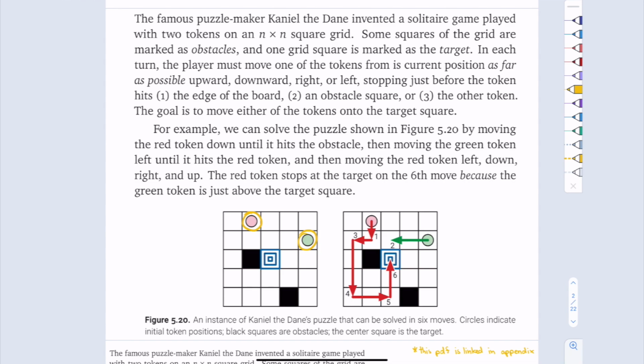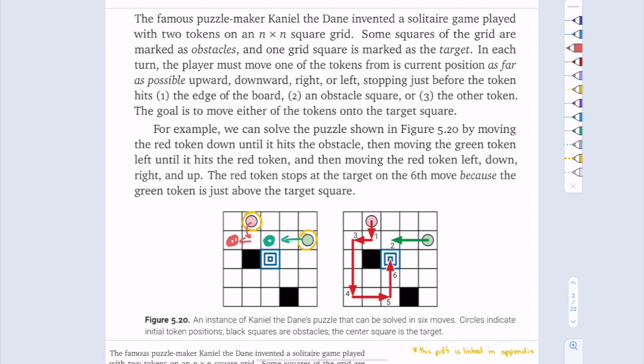If I retrace the solution given on the right, you can move the red token here first, and then you can push the green token to the right, and that'll have it land here. Then you can move your red token to the left and run into that wall.